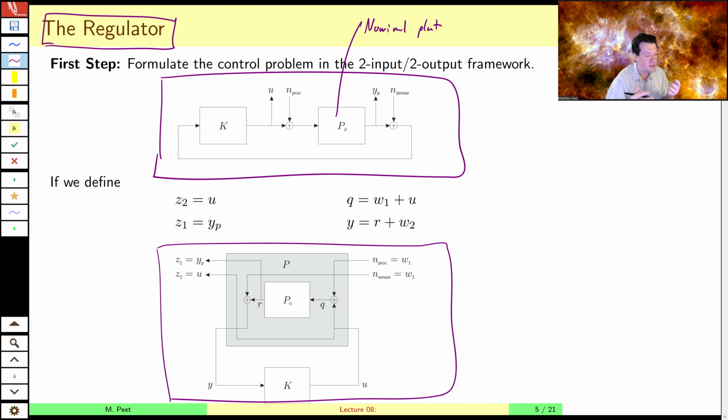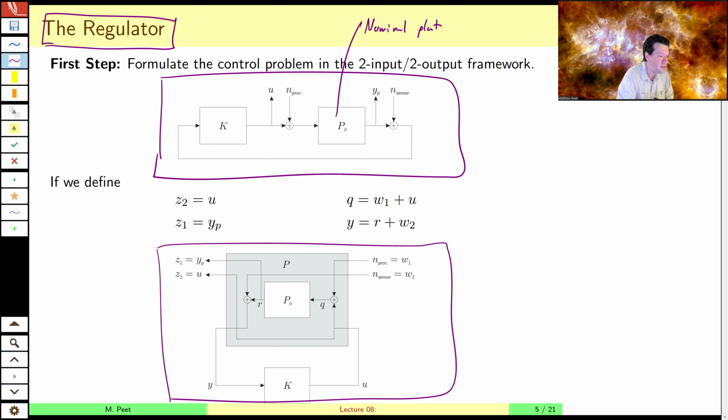This is in contrast to the tracking problem, where we want the output of the plant to match a reference signal. We'll cover that later. This is more the case of, say, a chemical refinery where we have a nominal operating condition and we want to minimize the effects of environmental disturbances, temperature fluctuations, or unmodeled dynamics on the output of the plant, so it stays in that nominal operating configuration.